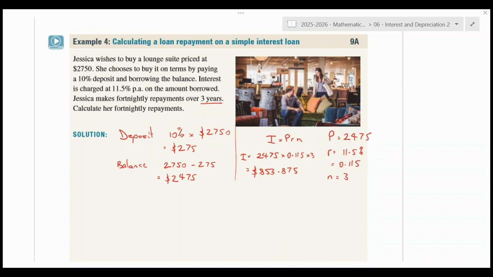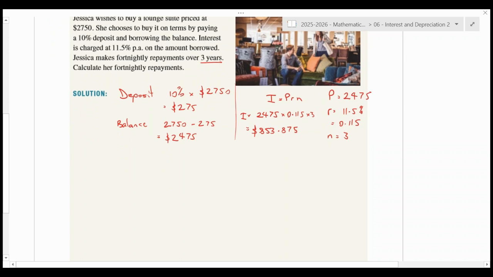So what we have to do then is go, okay, well, what is the amount that she's paying in total? Well, that's the principal plus the interest. So that is 2475 plus 853.875.